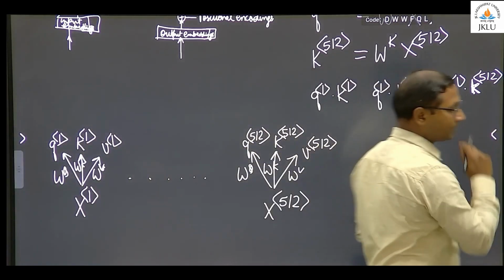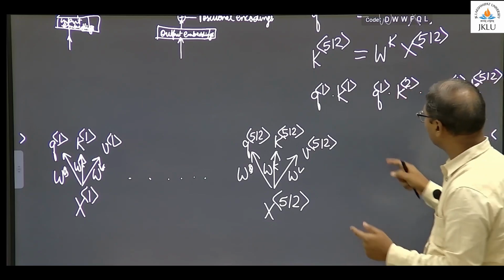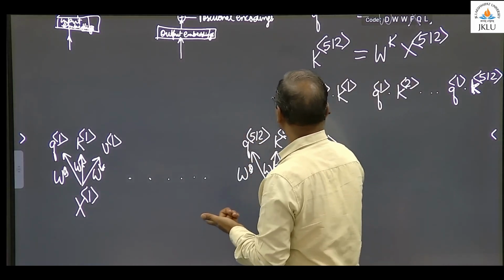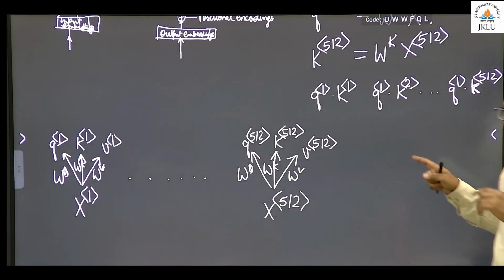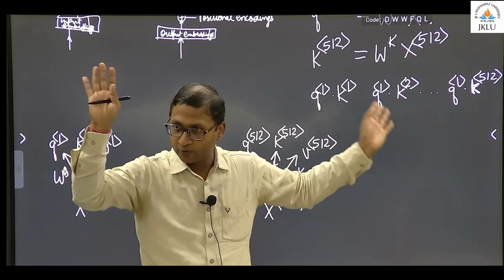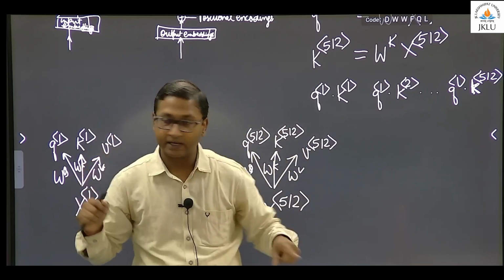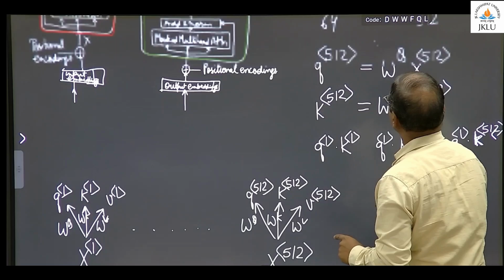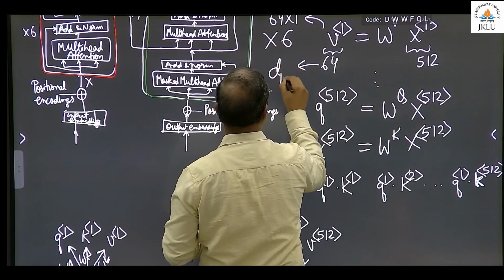What is the length of this vector? This is 512, a 512 dimensional vector. Whatever it was called in the earlier terminology, fine. What do I do next? Remember the formula for self attention: Q, K, forget transpose, we are doing it this way. Q into K divided by under root of dk, and dk is 64 in this case.